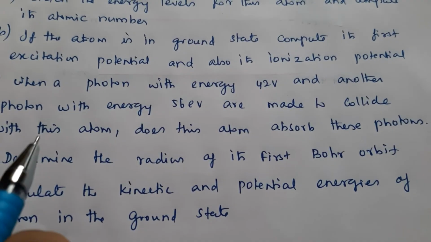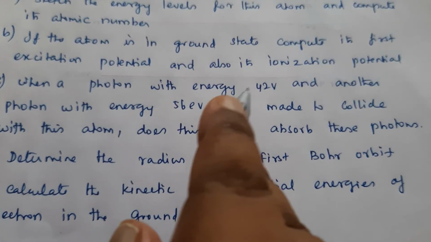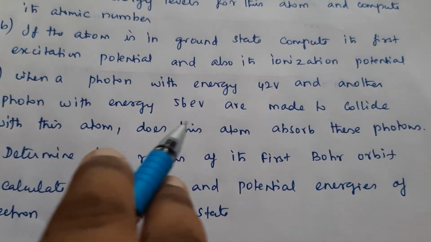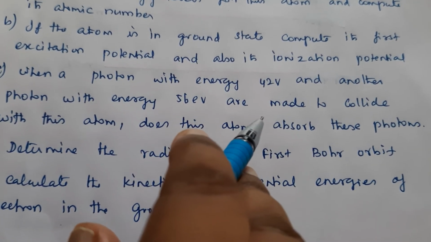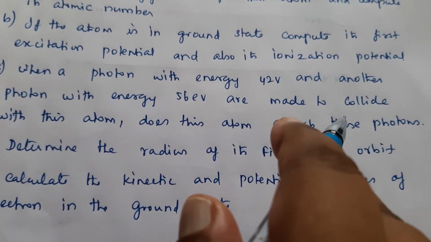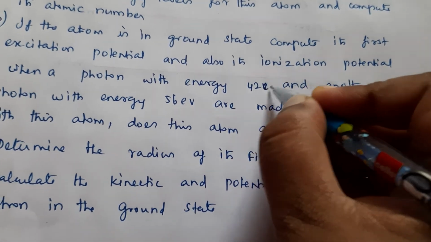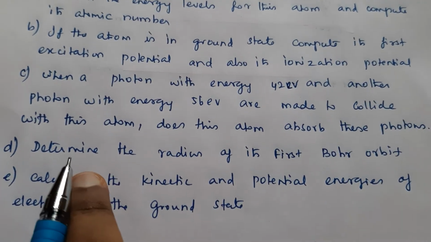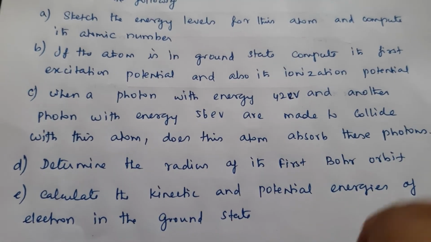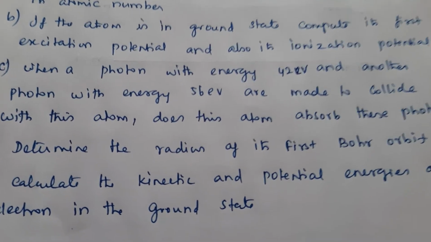Now what is the third part of the question? When a photon with energy 42 electron volt and another photon with energy 51 electron volt are made to collide with this atom, does this atom absorb these photons?